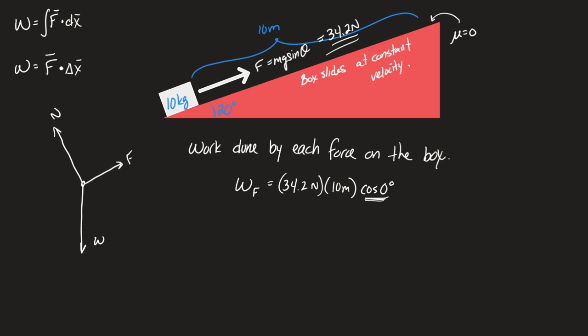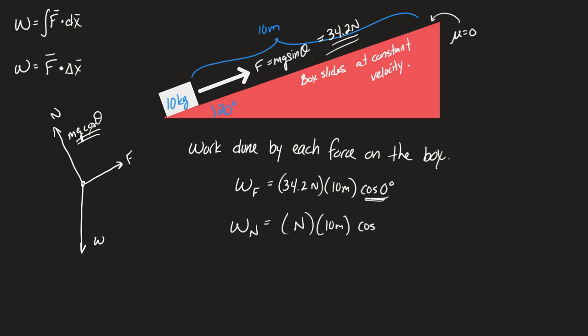We've done one. What's another force acting on the box? Normal force is another force acting on the box. I think we could figure out the size of the normal force if we wanted to, but I don't think it's necessary. But the normal force has to be mg cosine theta. It has to be, right? Because it has to be balancing the portion of the weight that is into the ramp. But I don't think I even need that.